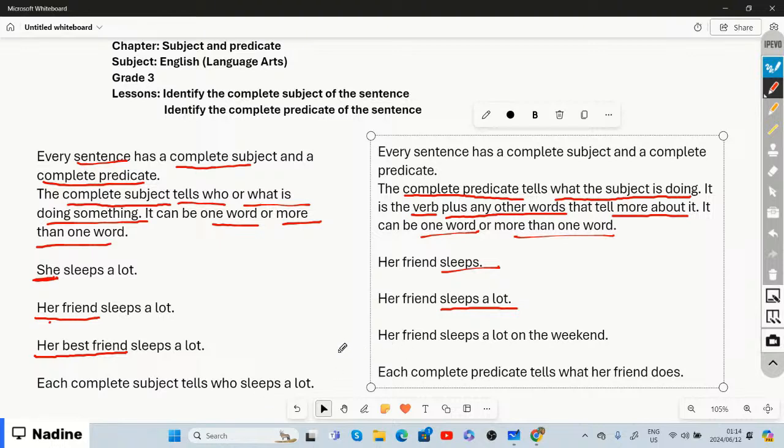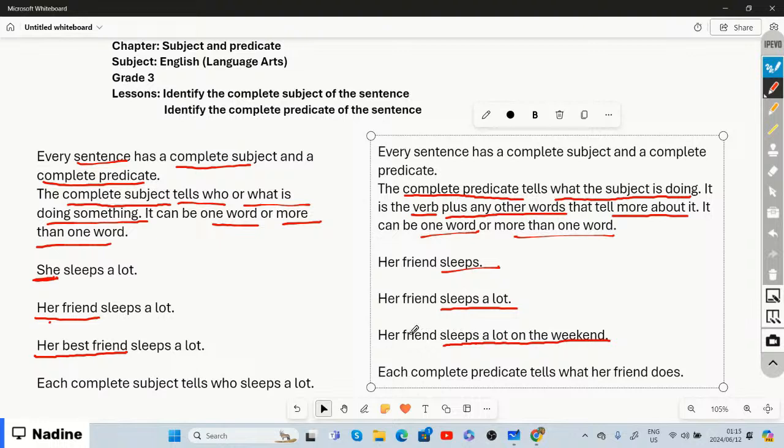And then we have another sentence that says her friend sleeps a lot on the weekend. If we were to identify the complete predicate that tells us what the subject is doing, then we can say the subject sleeps a lot on the weekend.